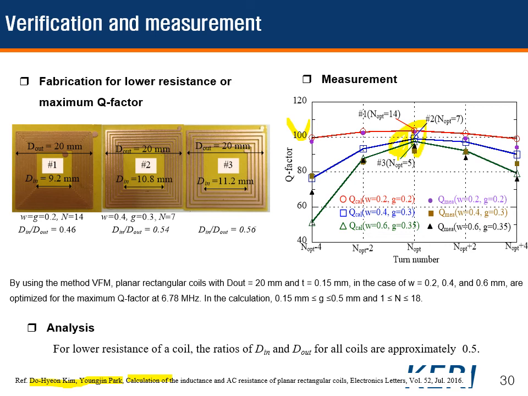It is also interesting that coils with more than the optimal turn number have lower Q factor. The reason is that this case has higher proximity factor.